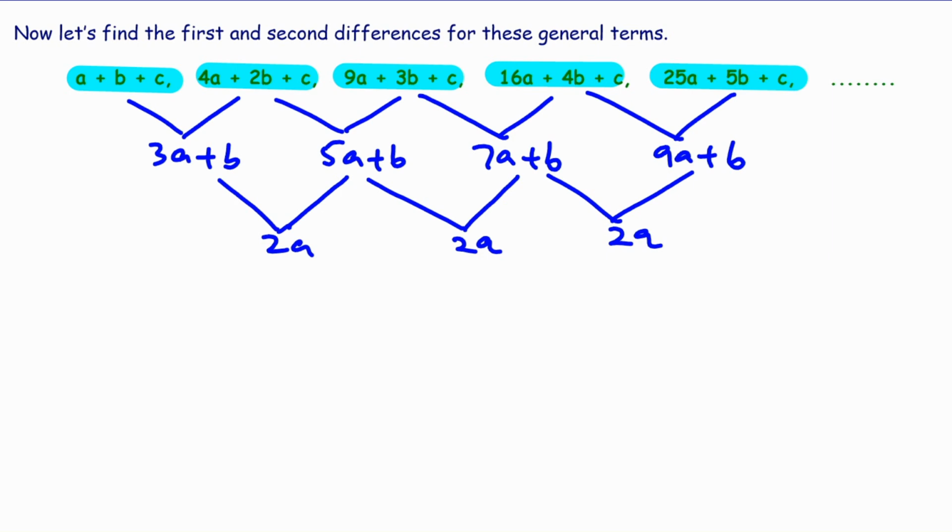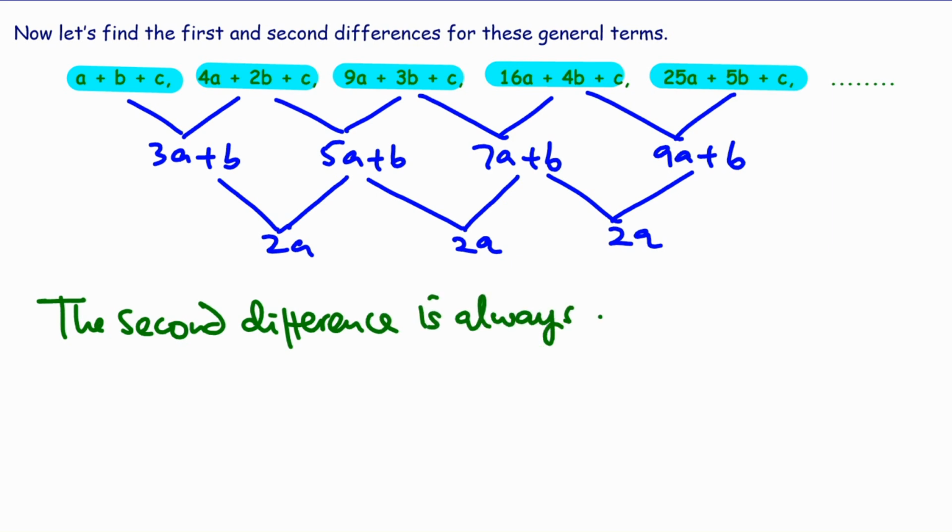So we can conclude that the second difference is always equal to 2A, which makes sense.